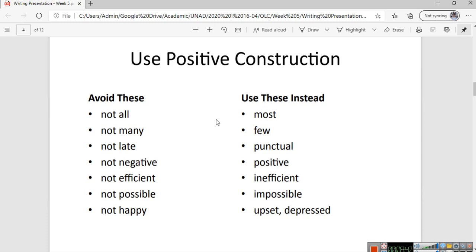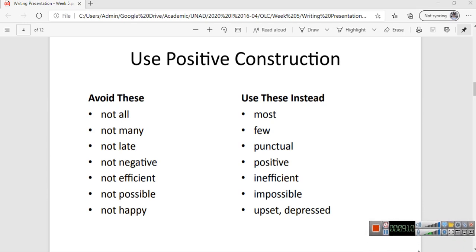In this case, we must make sentences with positive vocabulary. Very good. That's it. It's very simple. I'm going to give you girls an example of that. Let me open my whiteboard. Okay.